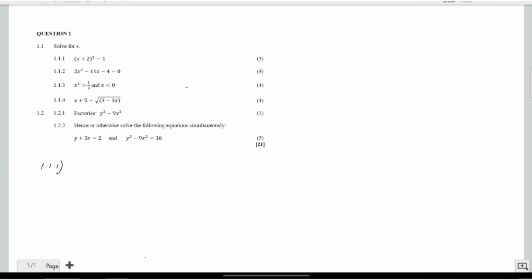Okay, so this question, definitely it's a quadratic equation, but you have to get it in a standard form. Here, open the bracket, isn't it? Another way also we can do it, but normally what we do, we open the bracket and bring 1 from right hand side to left hand side, then use quadratic formula or factorize.